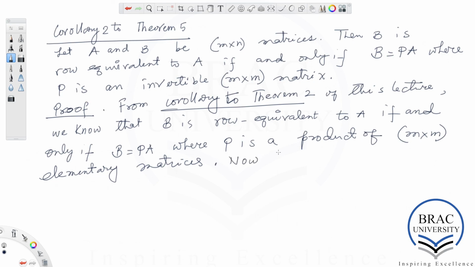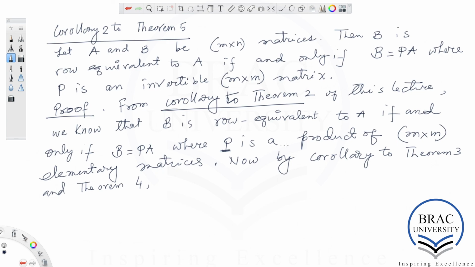Now, by the corollary to Theorem 3, which states that a product of invertible matrices is invertible, and Theorem 4, which tells us that an elementary matrix is invertible, P is a product of invertible matrices.